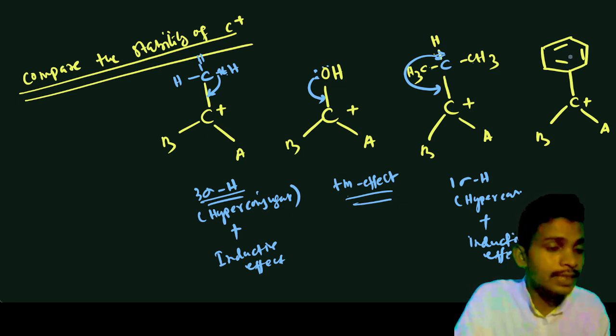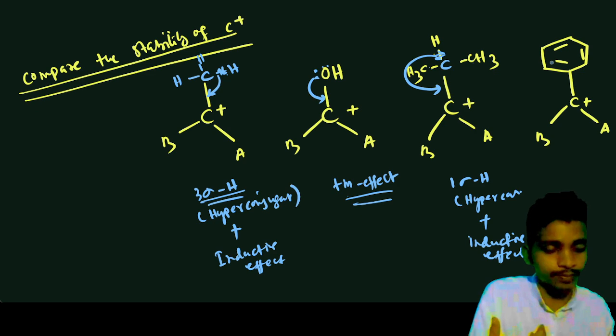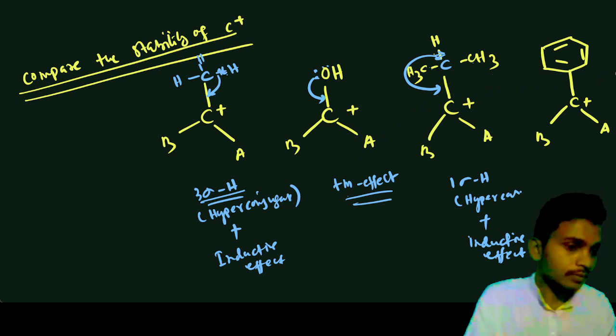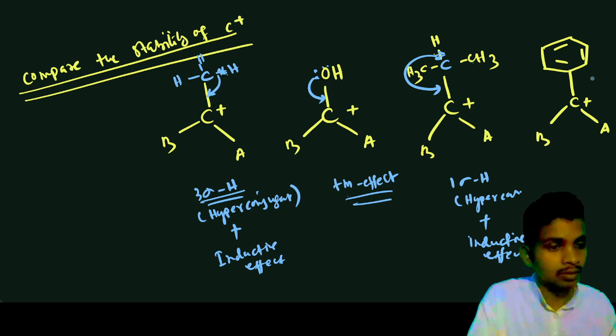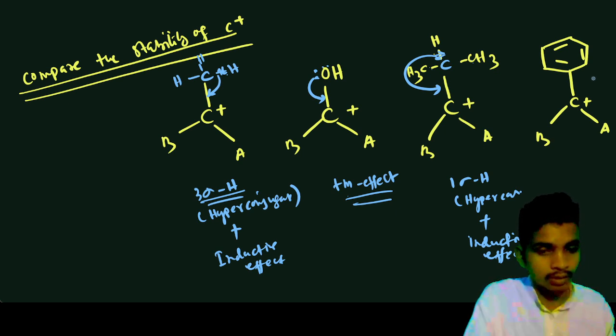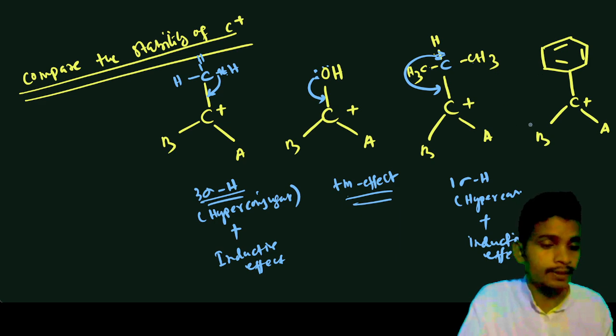And now in this case this is an aromatic system. Here what we see is that this aromatic system will donate electrons. We will discuss that clearly in the next class.